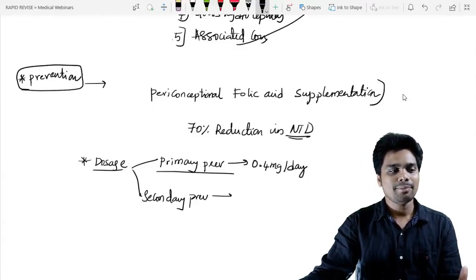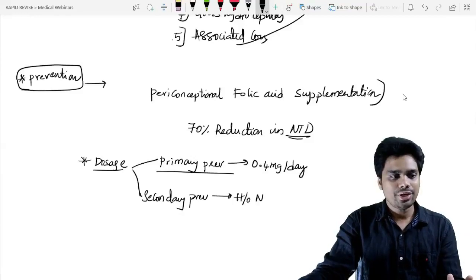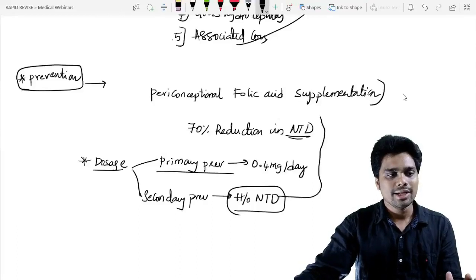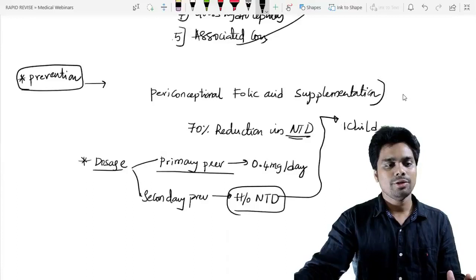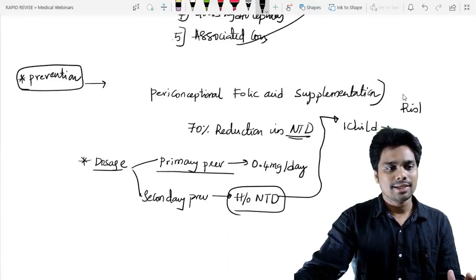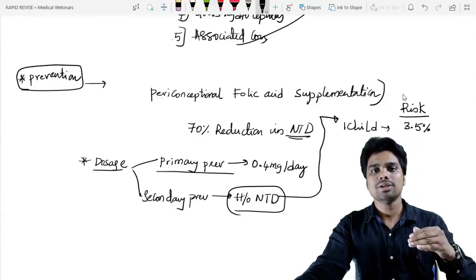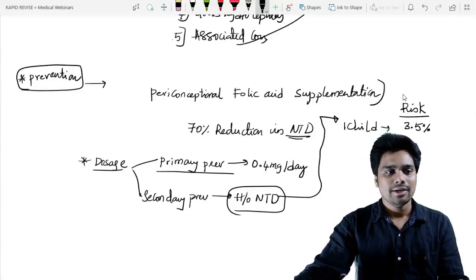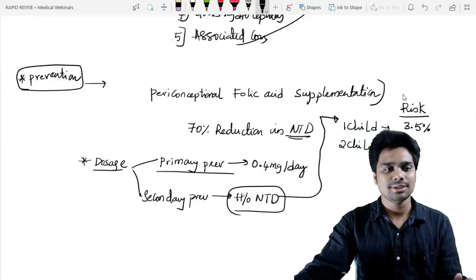What is secondary prevention? Secondary prevention is when there is actually a history of neural tube defects. When I say history of neural tube defect, if there is one child with neural tube defect, the recurrence risk is 3.5%. This is very huge. If there are 2 children in the family affected, the risk goes to 10%.